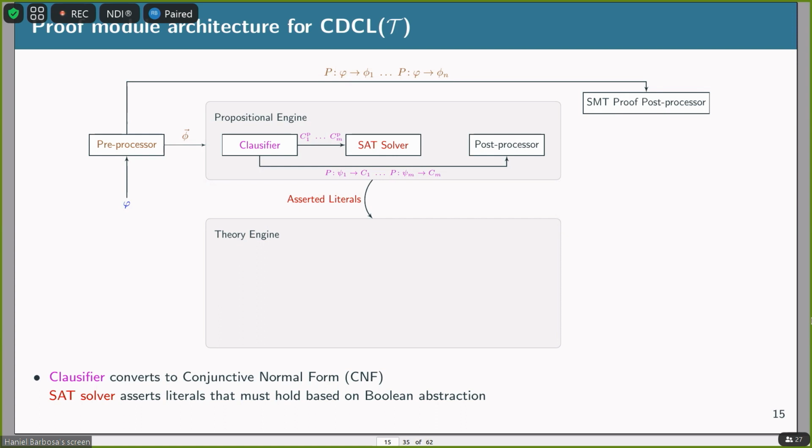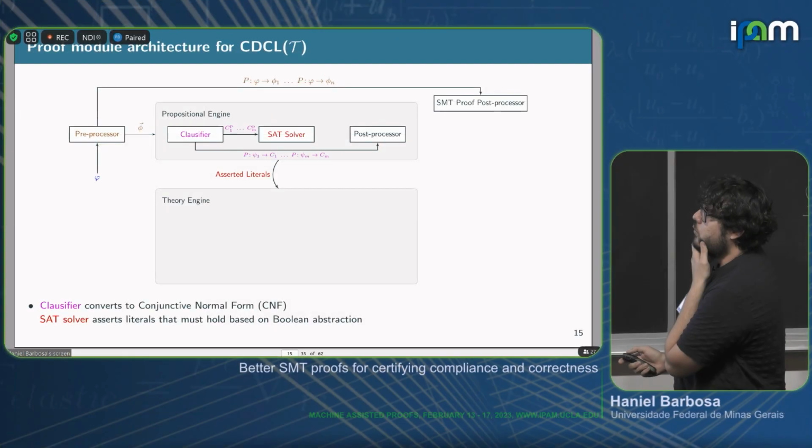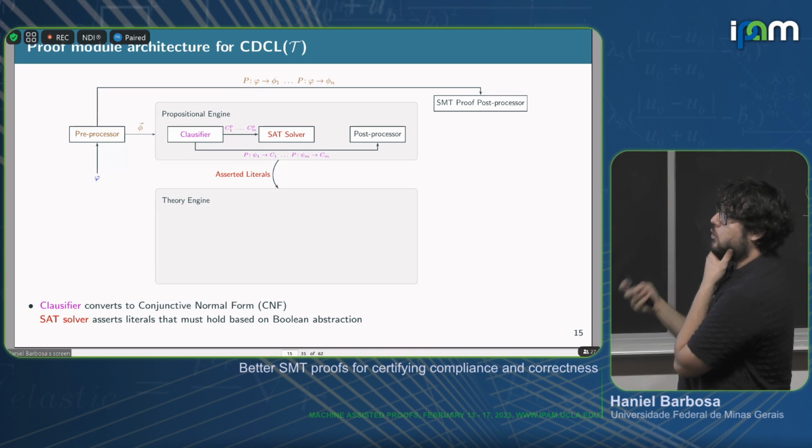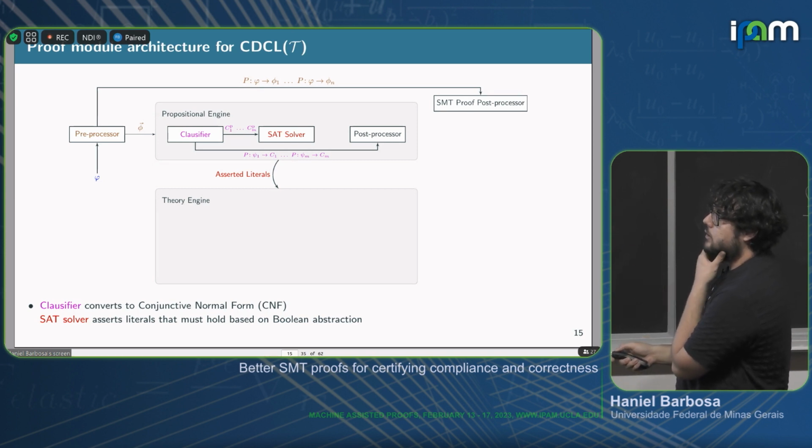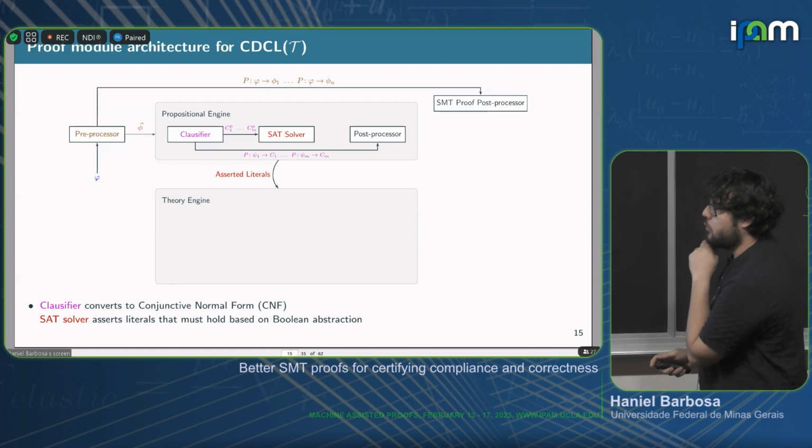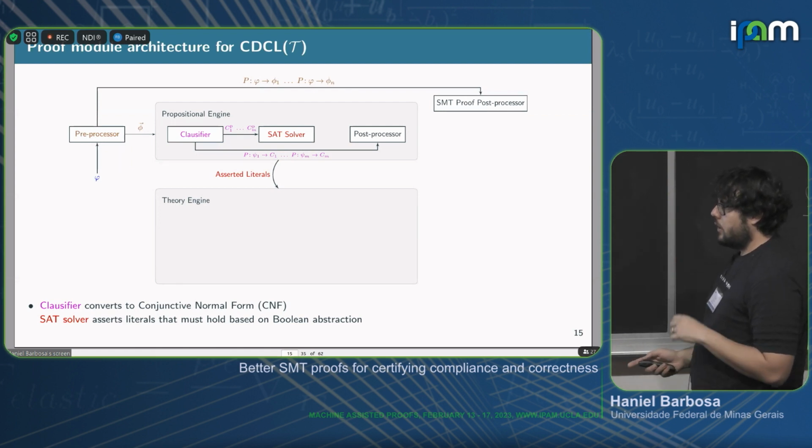We have a SAT solver that is reasoning about the propositional structure of the formula, and a set of theory solvers that consider the different parts according to the theories they involve and how I reason about them. A SAT solver works on formulas in conjunctive normal form, so we have a clausifier that reduces the formulas into clauses. I need a proof of this transformation that I also store in the post-processor, just for the propositional part.